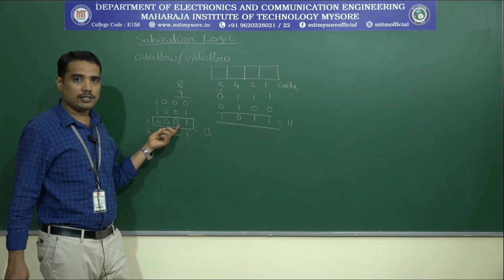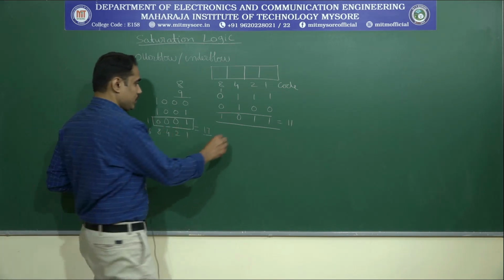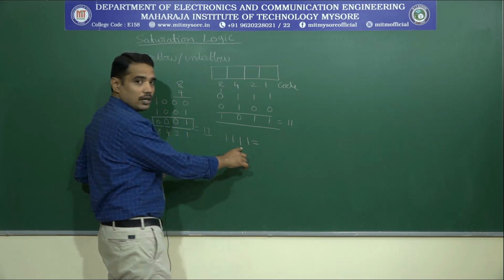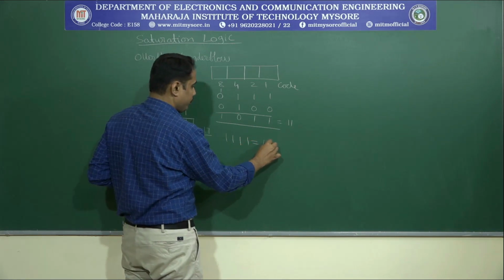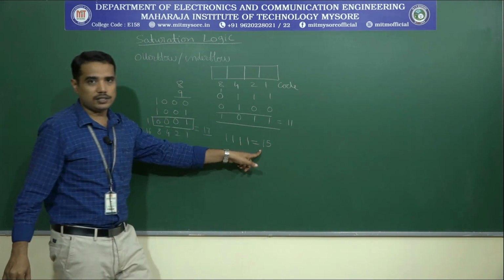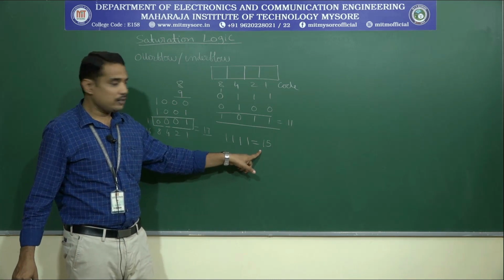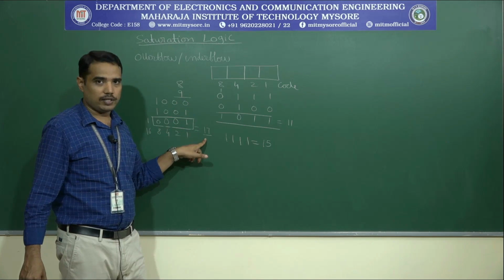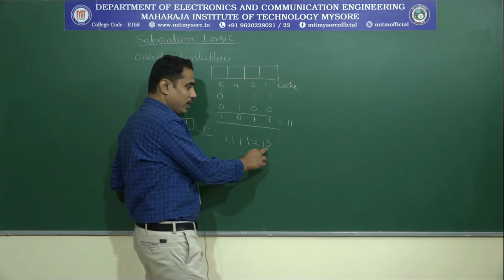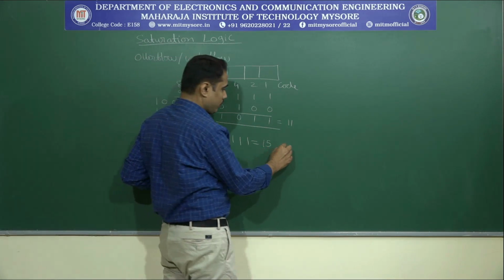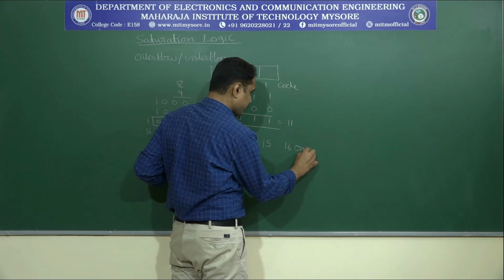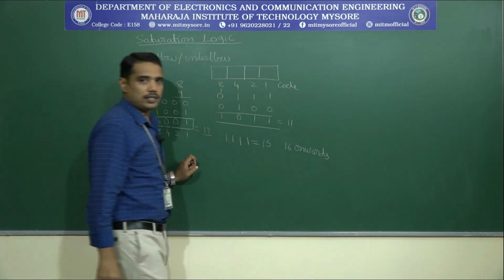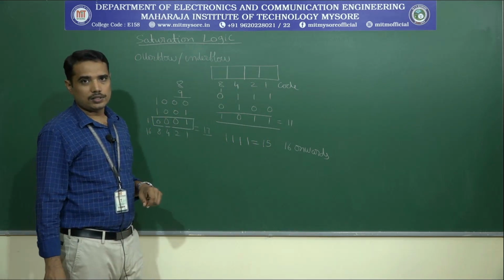In this case, the largest positive value was 1111, which gives a decimal value of 15. The value we got by adding 8 plus 9 is 17. That means any value which exceeds 15, that is from 16 onwards, will result in an overflow scenario.